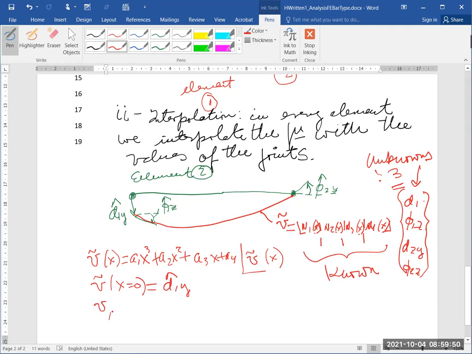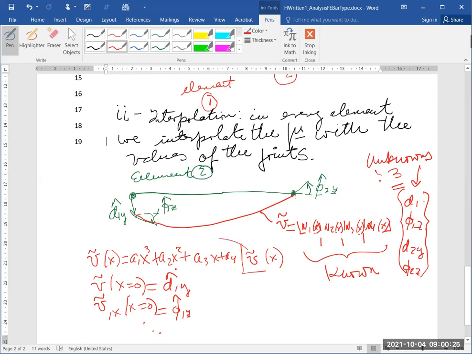You differentiate that and evaluate it at this point, and you have to recuperate this angle. And you also have to evaluate the function and the derivative at this point, and they have to recuperate D2 and Phi2. So you have 4 equations, and you can find A1, 2, 3, and 4 to set up this equation.